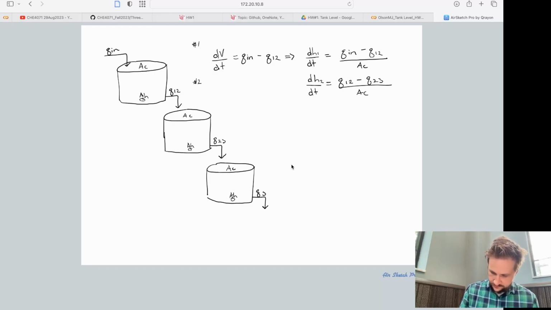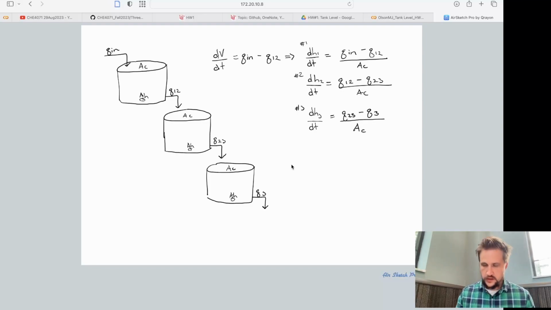And then tank 3 is how height changes with respect to time, and that is Q23, which is entering tank 3, and then Q3 is what is leaving, and then this divided by the cross-sectional area.